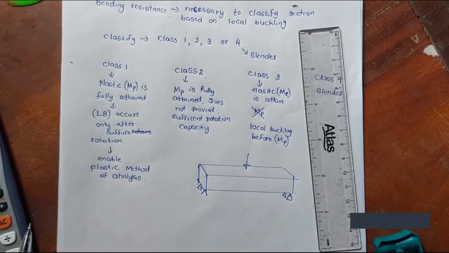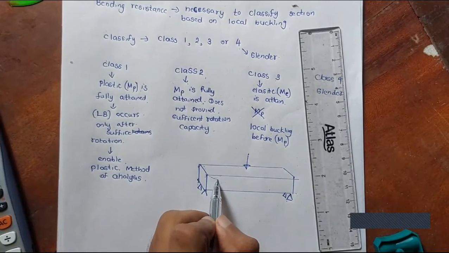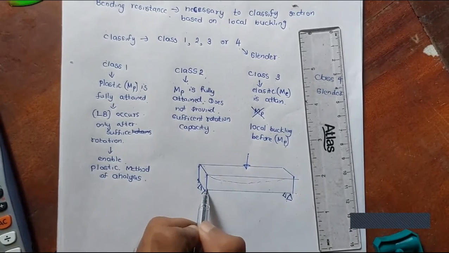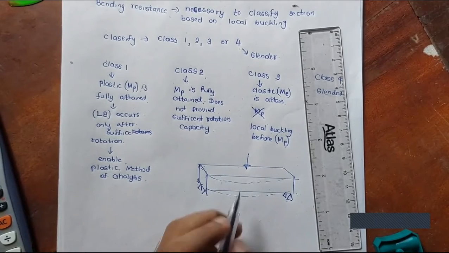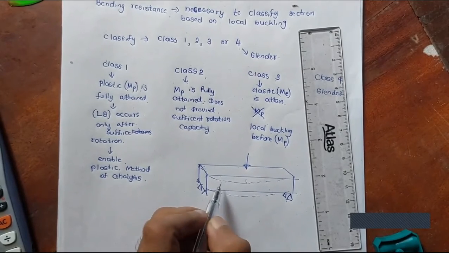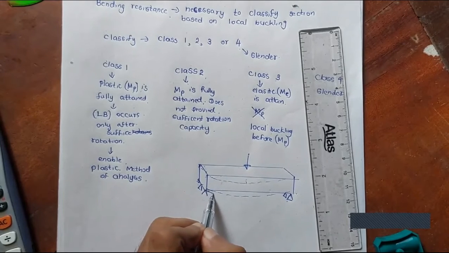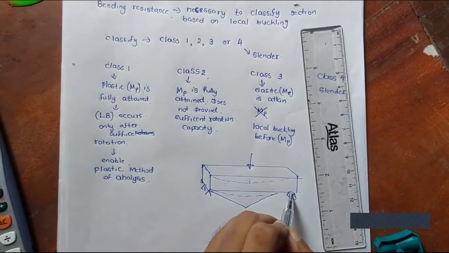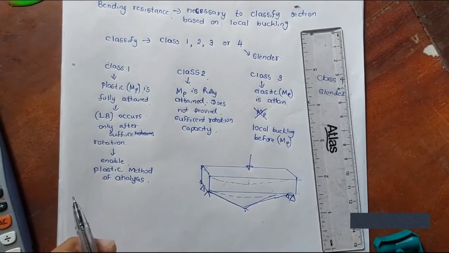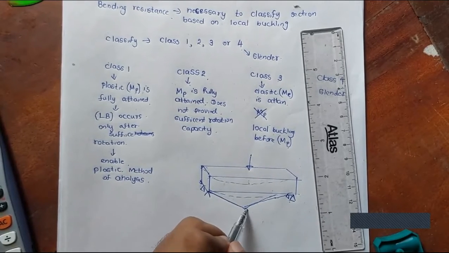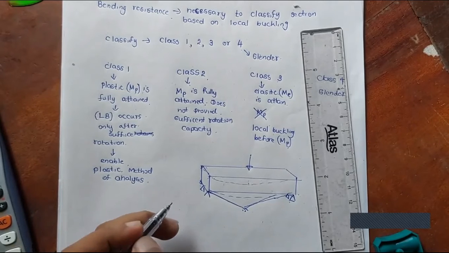Then this beam bends like this. We know the bending moment is maximum at the middle, and at the ends it's 0.